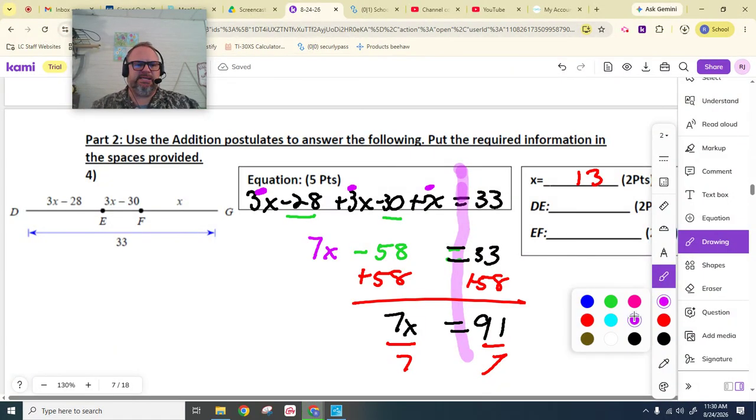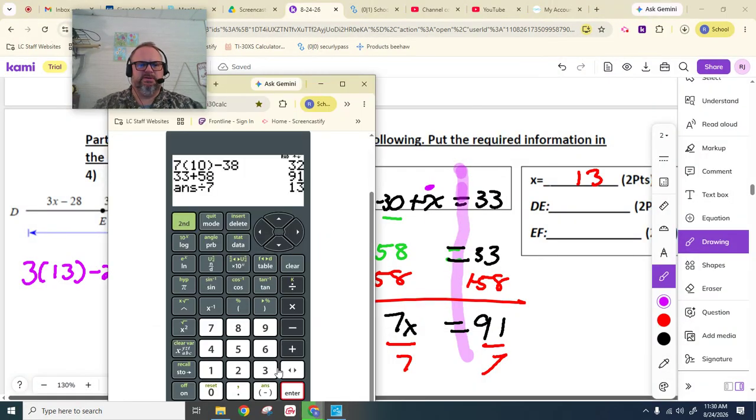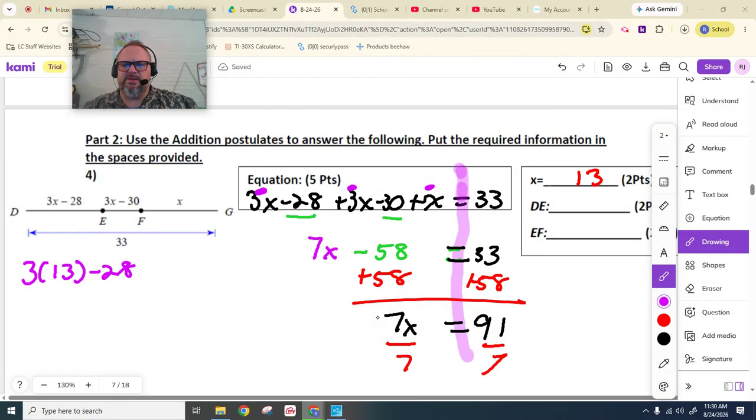It says DE, which is this one. It says 3 times 13 minus 28. Apparently I'm writing numbers in cursive. So 3 times 13 minus 28, that would be 11.